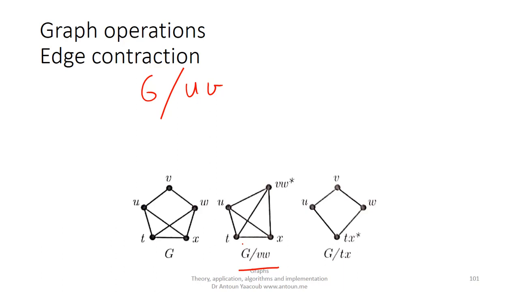So let's see here VW. I have removed VW, I have used VW star. Obviously X will now be linked to VW star, T to VW star, and U to VW star. For example, here I'm doing the contraction of the edge TX. In TX, obviously U will be linked to TX, W to TX, and this is it.